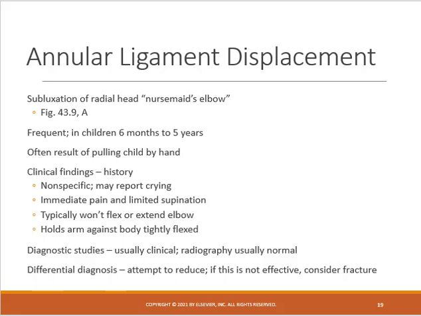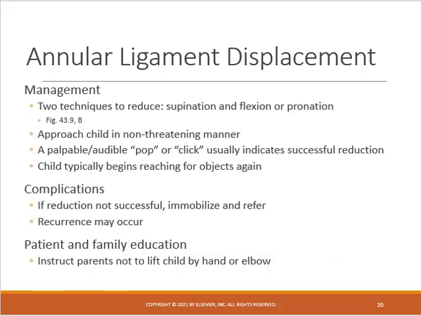Typically, there's immediate pain with limited supination. They don't want to flex or extend their elbow. On x-ray, it's usually normal. You can attempt to reduce. If this is not effective, then you need to consider a fracture.